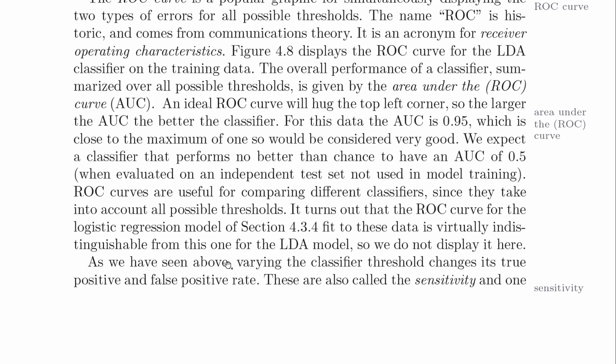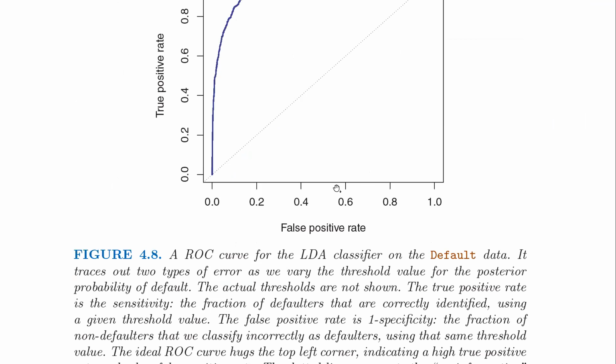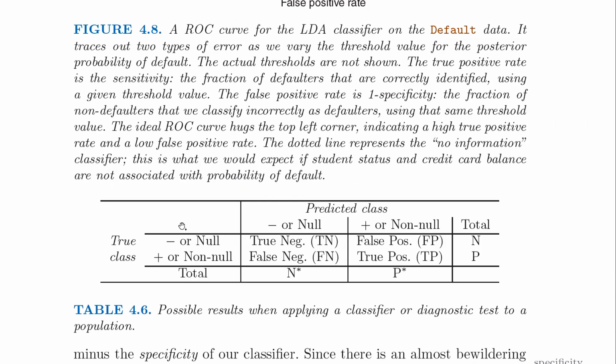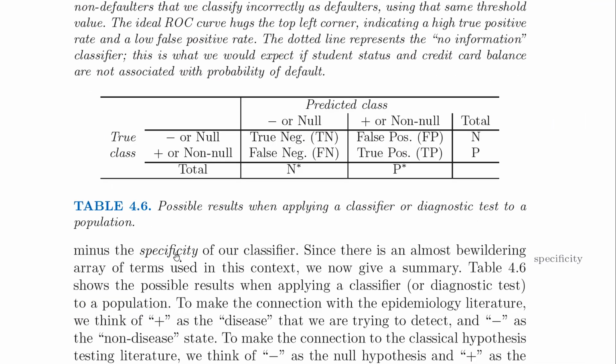As we have seen above, varying the classifier threshold changes its true positive and false positive rates. These are also called the sensitivity and 1 minus the specificity of our classifier.